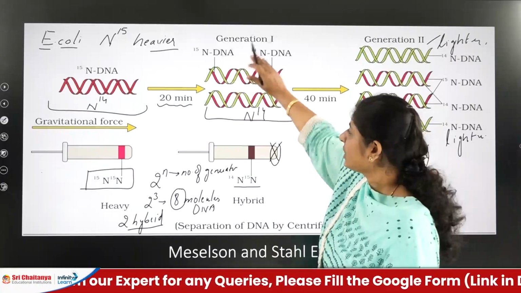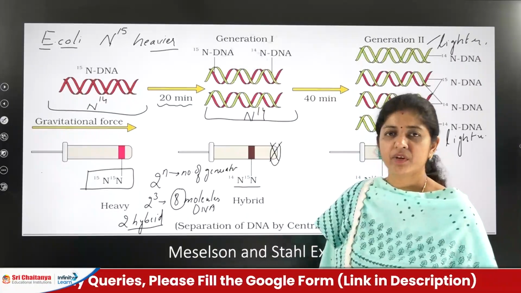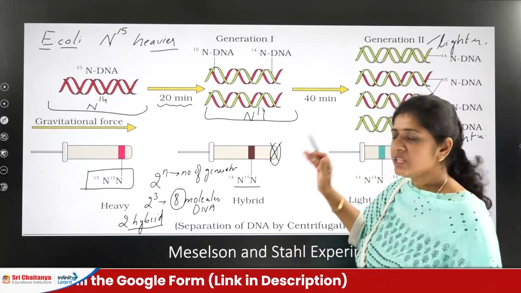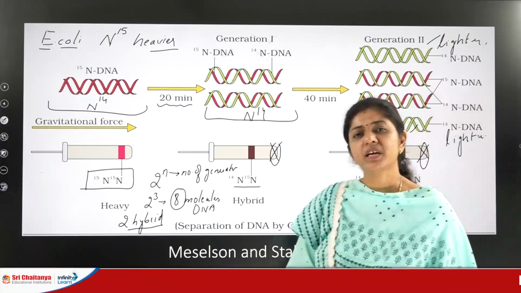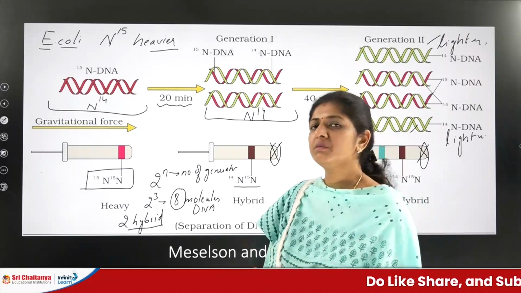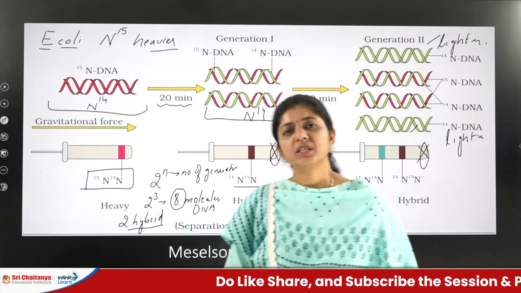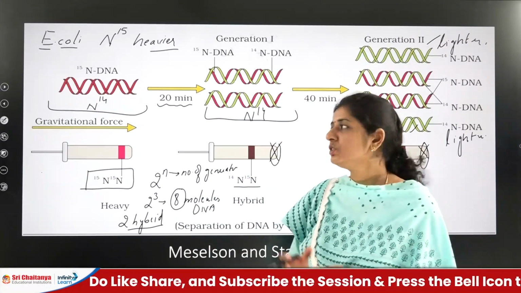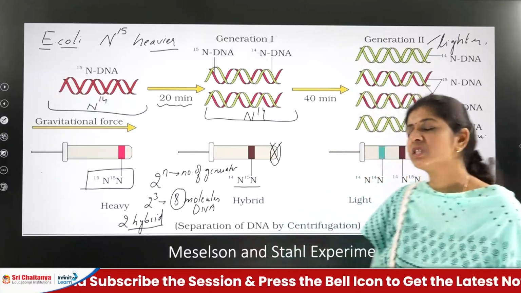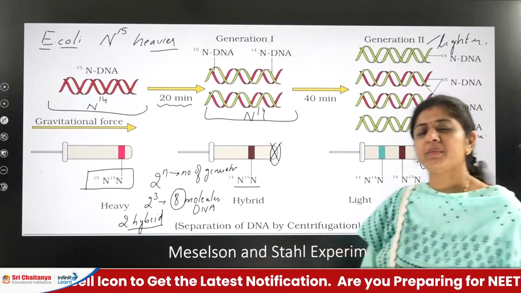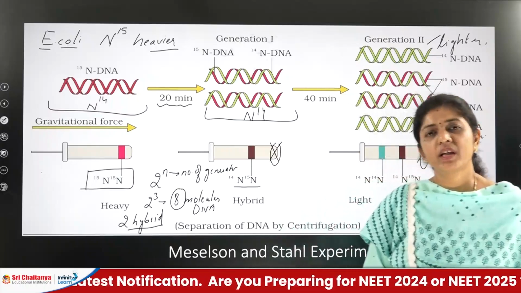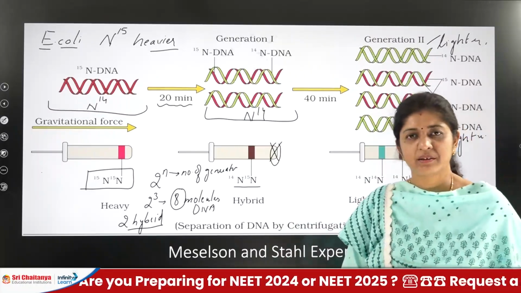One progeny cannot have both N15 strands in any generation. That's why you will not get anything heavier as a sediment in the centrifugation. And in which medium do you do the centrifugation? Cesium chloride, right? This experimental proof was given by the scientists Meselson and Stahl, and they did the experiment with the help of which organism? Escherichia coli, right?